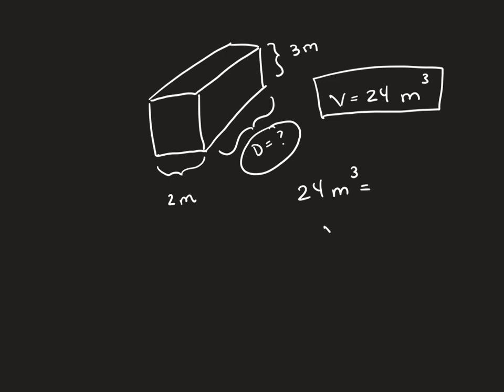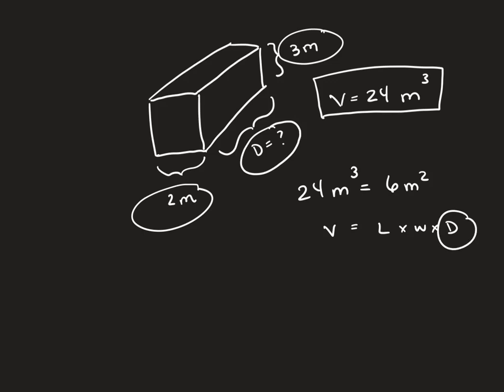and the formula for volume is equal to length times width times depth, and we know that length, pretend this is length, and width, pretend this is width, together is 6 meters squared. 6 meters squared. Then what's this guy? Well, really easy.